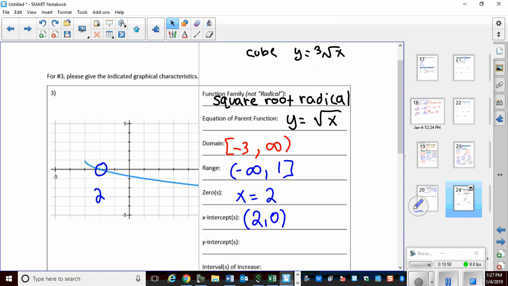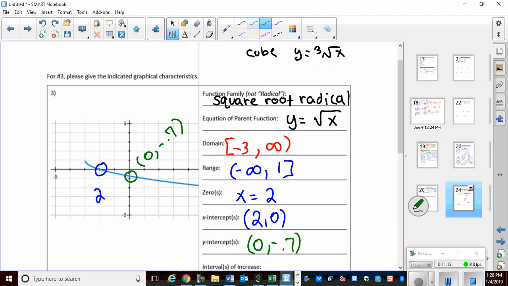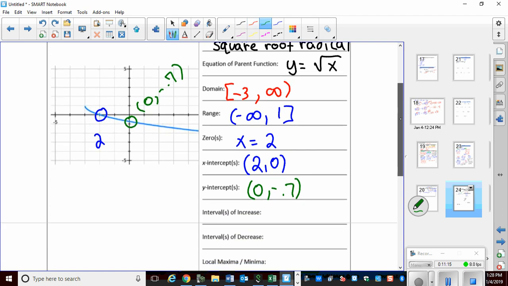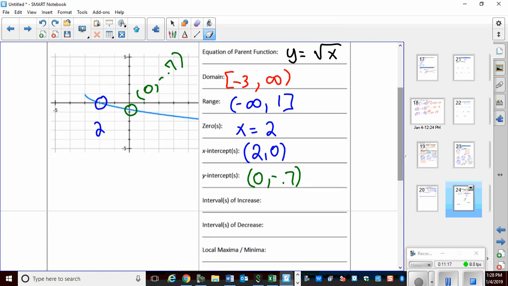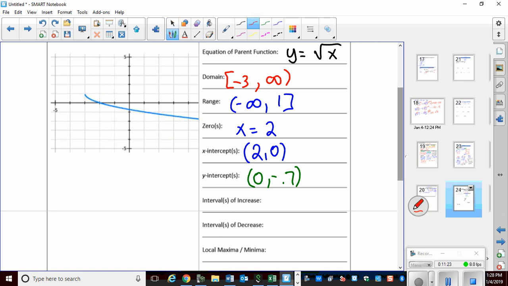Does it have a y-intercept? Yes, this is (0, -0.7), looks like. Are there intervals where this is increasing? Is there a domain where this is increasing? No. This is always pointing down.